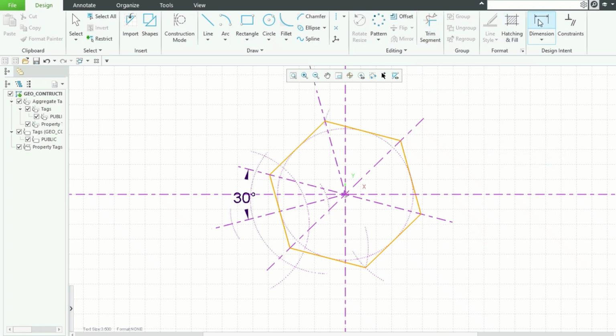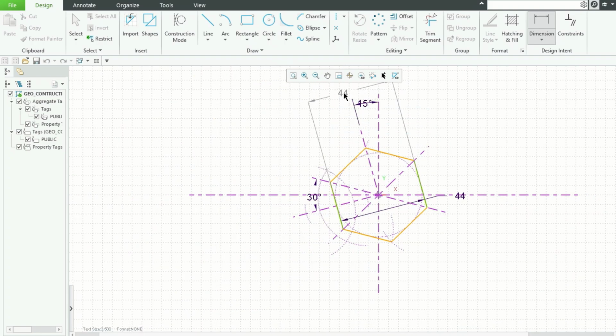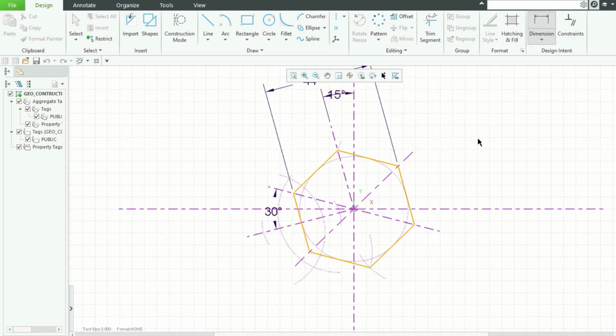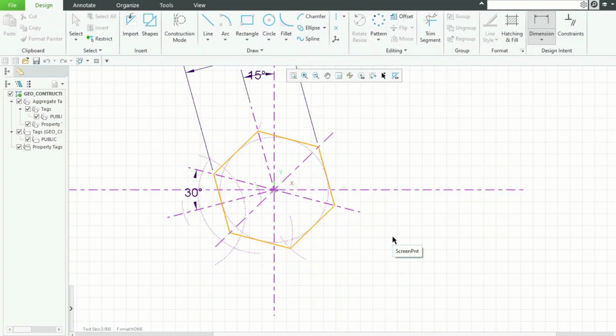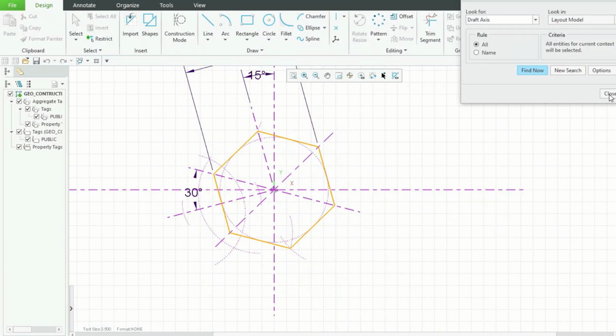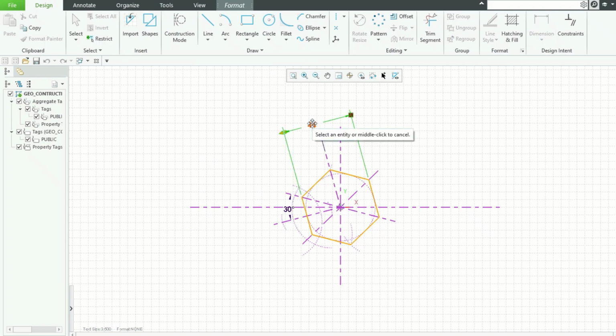Let's try to give this dimension. We have drawn the hexagon first. This hexagon, let's keep it somewhere.